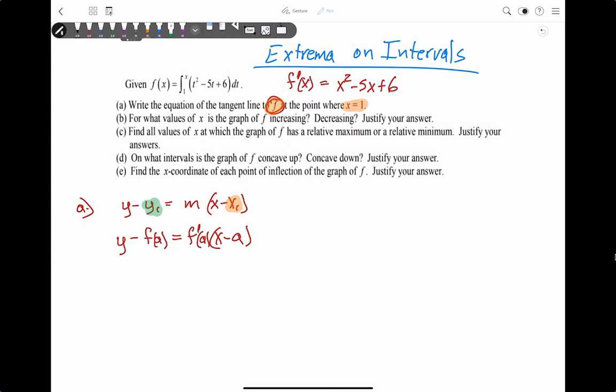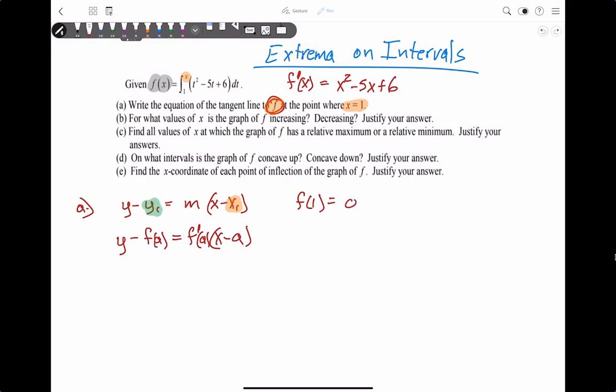Okay, so over here on my f function, I'm going to go ahead and plug in 1 where x belongs. So f of 1 is going to equal the integral from 1 to 1, and I already know there's no displacement happening there. So immediately my answer is going to be 0.